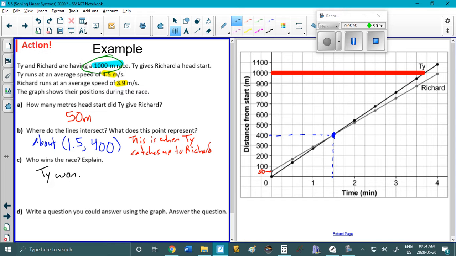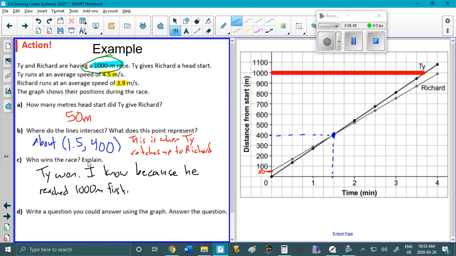Ty won. I know because he reached 1,000 meters first.